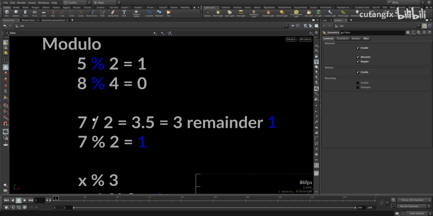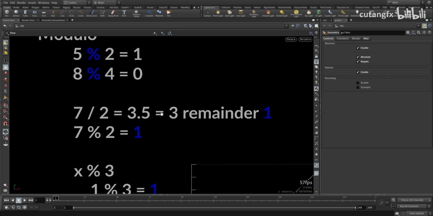So 7 divided by 2 is 3 with a remainder of 1. 1 cannot be divided because 1 divided by 2 would give us a fraction. Then 7 modulus 2 is 1. So it's basically just saying divide this number by this number and then give me the remainder.